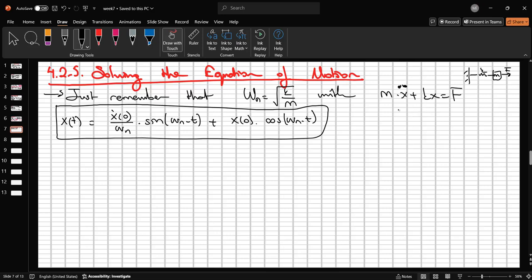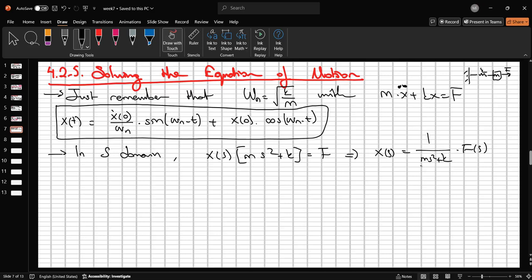And so after that we can write this formula based on this information. Okay? So we can write it actually in the s domain. We have X(s) multiplied by (m s squared plus k) is equal to F(s). And so X(s) is equal to 1 divided by (m s squared plus k) times F(s). Okay? This is the form.